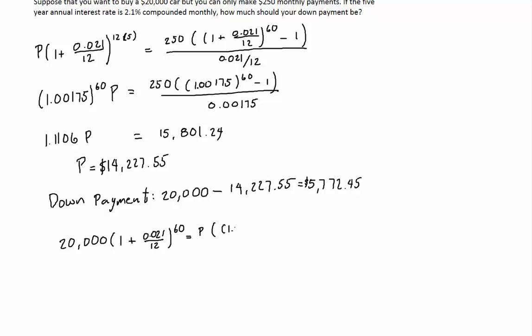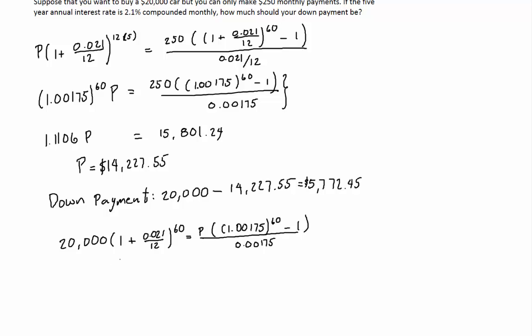I'll write this down. These are the same numbers that I had up here, I just copied them, except now instead of capital P and 250, I have little p and 20,000.